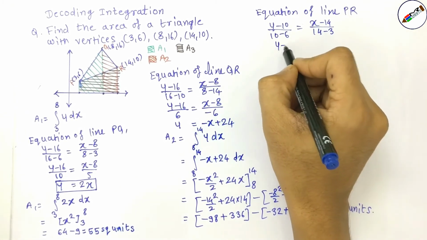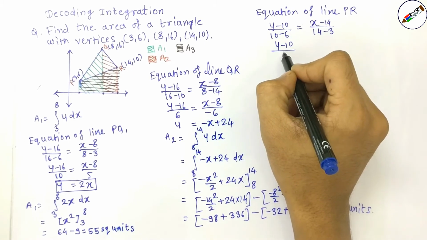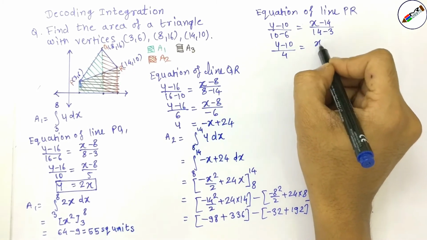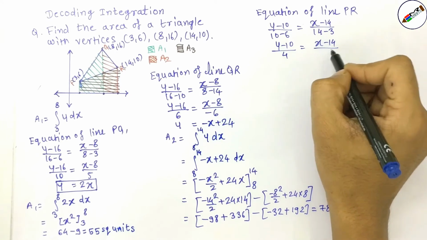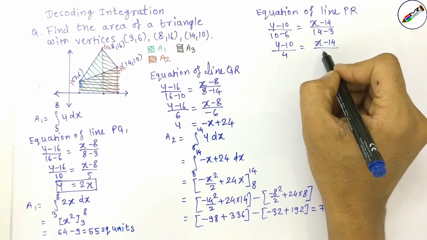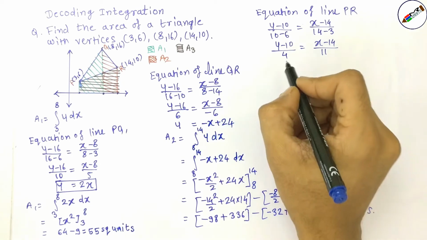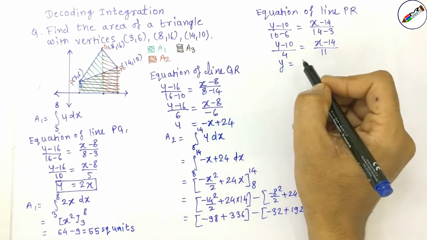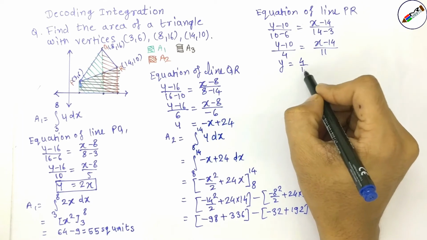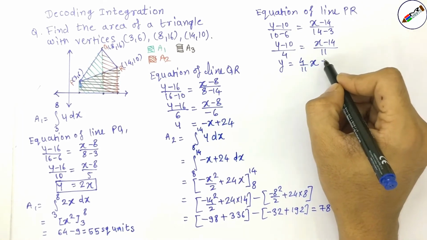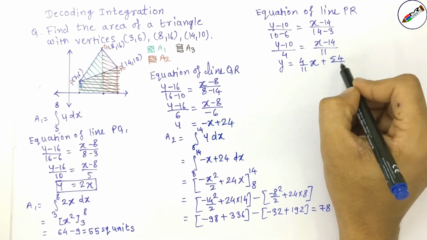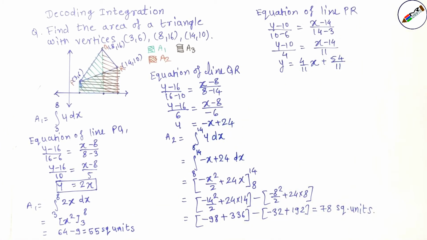So which will be (y minus 10) upon 4, since 10 minus 6 is 4, equals (x minus 14) upon 11, since 14 minus 3 is 11. So after solving this, we get y as 4 upon 11 x plus 54 upon 11. This is the equation of line PR.